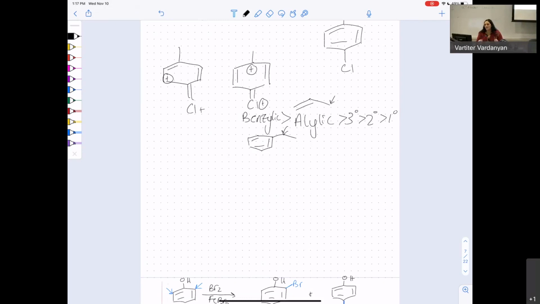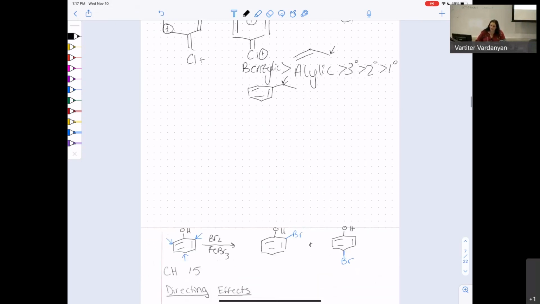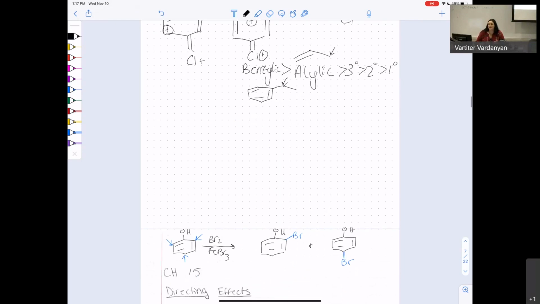The same rule also applies when we're talking about acidity. Something he's probably going to ask you on this exam is, he'll give you a compound and say, which of the following is the most acidic proton? Did he do an example like that? Okay, cool. I will pull up that example and do it, but just know when we're talking about acidity, what's better than benzylic is the alpha position.